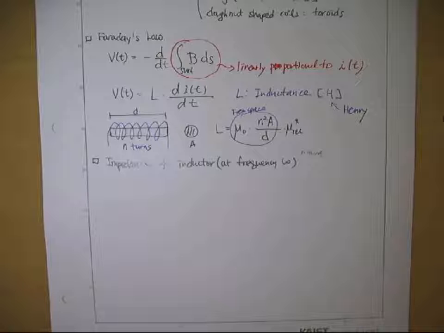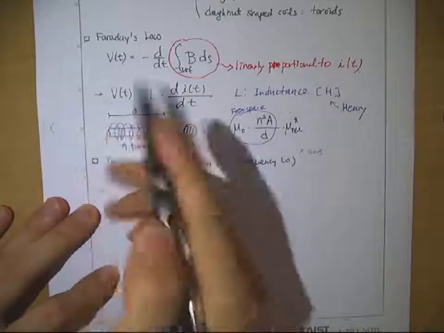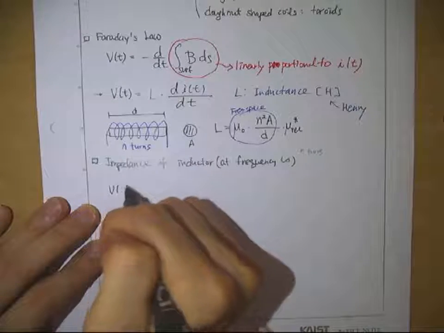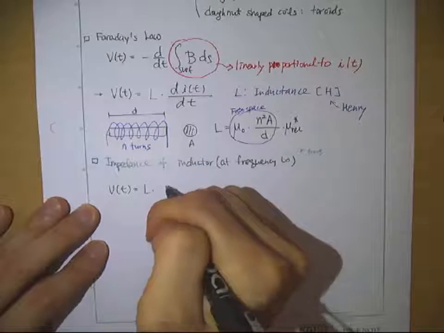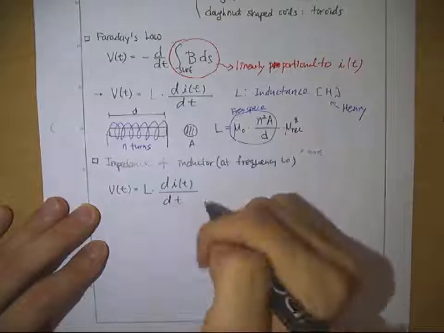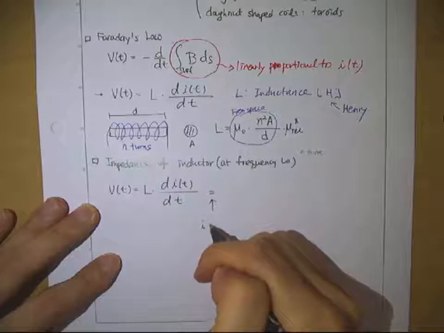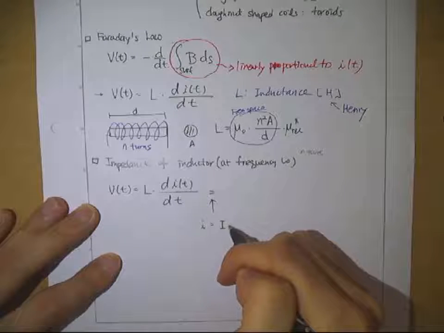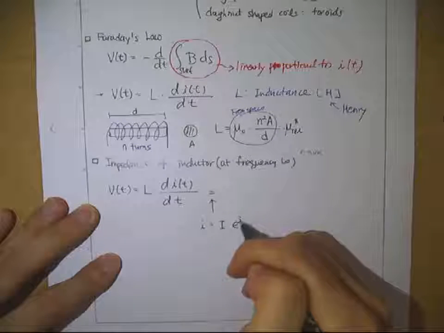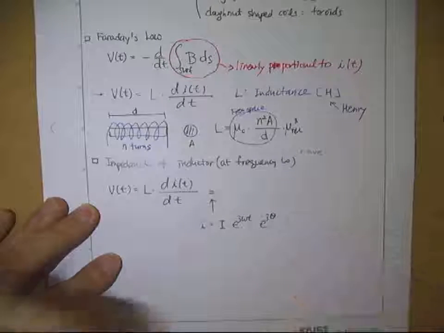Question? Then we can also calculate the impedance of an inductor at a certain frequency omega. Using this equation here, voltage is inductance times dI over dt. Then we can put the current as amplitude I times e to the j omega t times e to the j zeta.